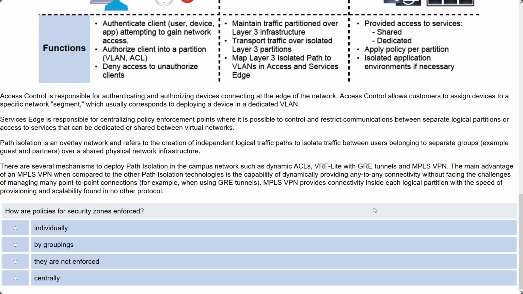It is possible to say, okay, these groups of services are going to be controlled and managed, and these groups of services are going to be controlled and managed separately, but we're going to group those common services together. The answer is, and certainly they are not not enforced. We always have policies that are enforced when it comes to security. Centrally is the choice here, right? Centrally is the choice because that's what we talked about multiple times throughout this section.